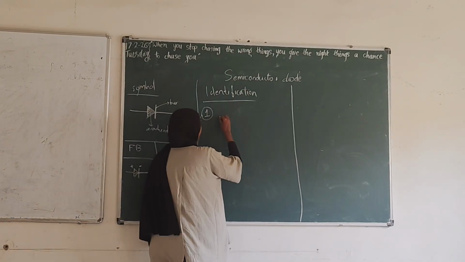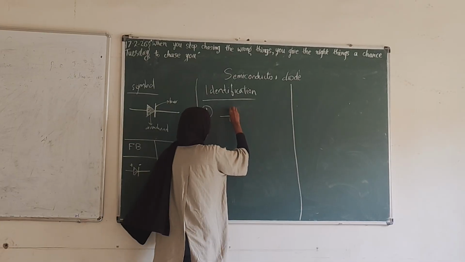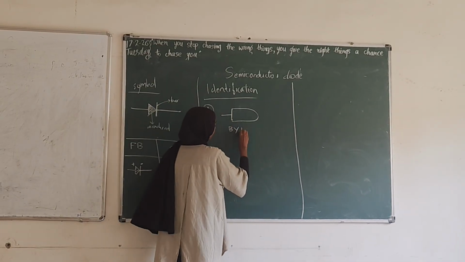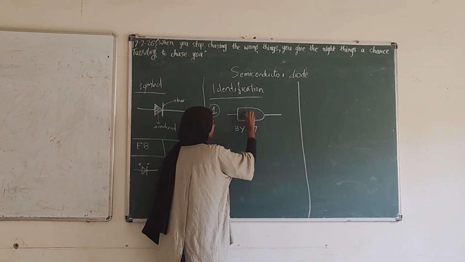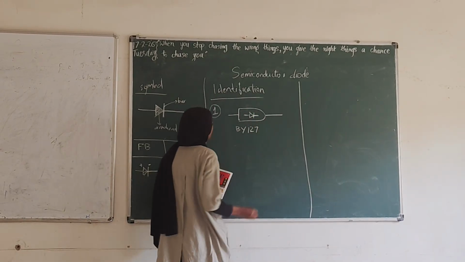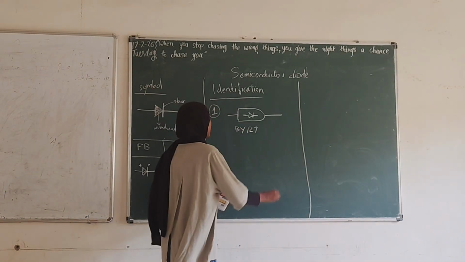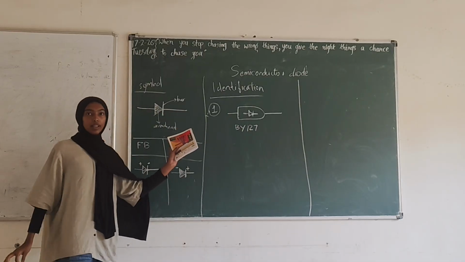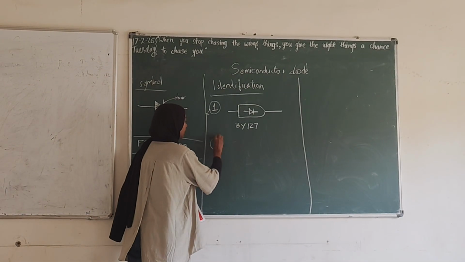For example, take the diode BY127. The symbol is imprinted on the diode, so we can easily identify that this is the positive side and this is the negative side.